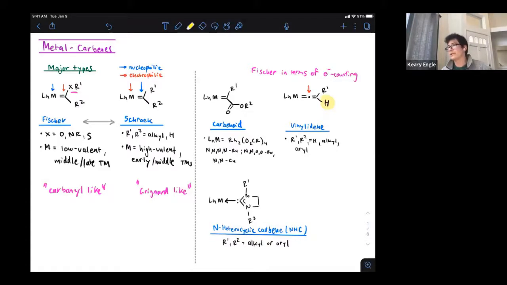For vinylidenes, the singlet form of the vinylidene in the absence of any metal is much more stable than the triplet form. And so as a result, most vinylidenes are Fischer type.